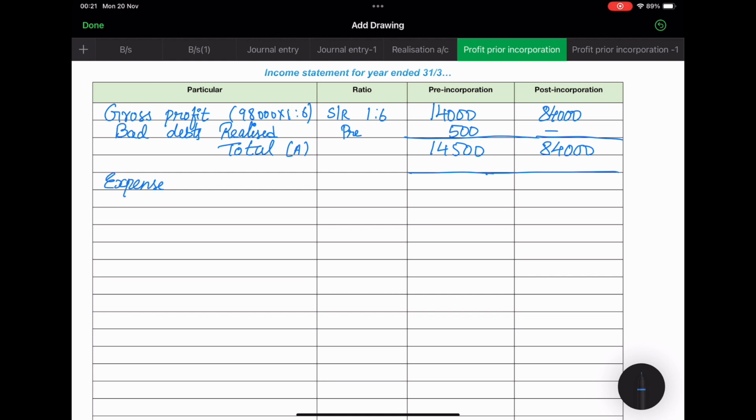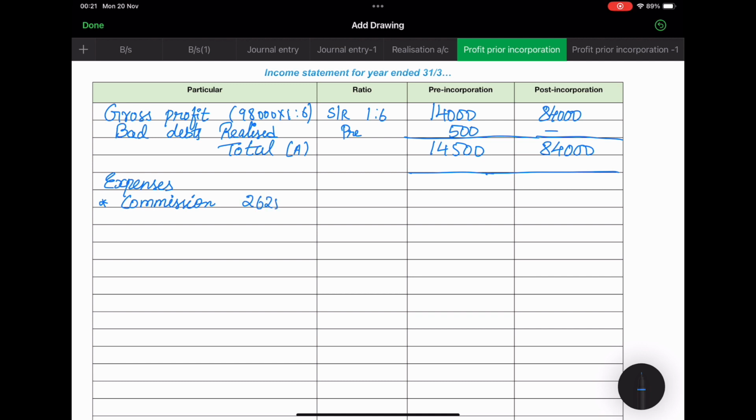So one by one. Firstly we are having commission, valued at 2,625.